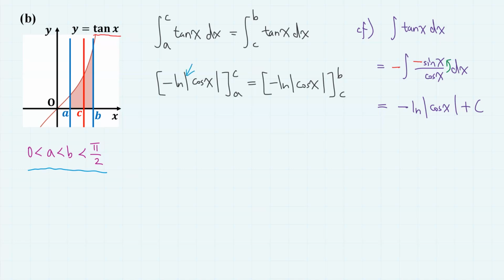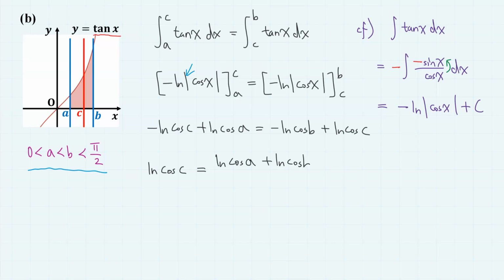So we have minus ln cosine c plus ln cosine a equals minus ln cosine b plus ln cosine c. Now if we solve for ln cosine c, we obtain ln cosine a plus ln cosine b over 2.